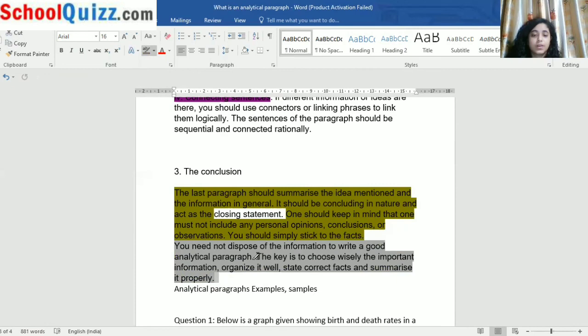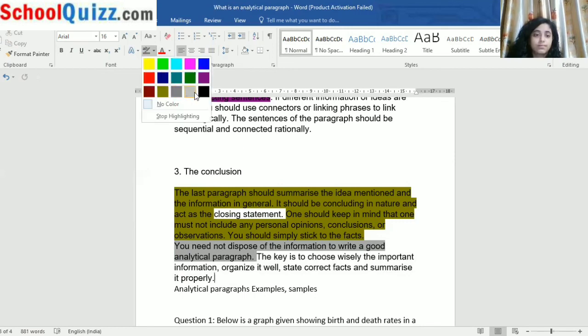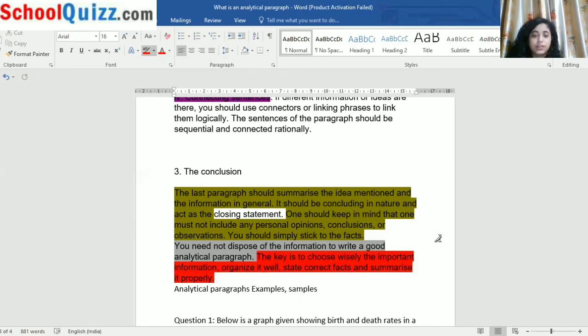So here you can see this one. The key is to choose the important thing. Wait, I'll do one thing. From the key to properly, we are going to change this. Okay. So I hope now you are understanding this.